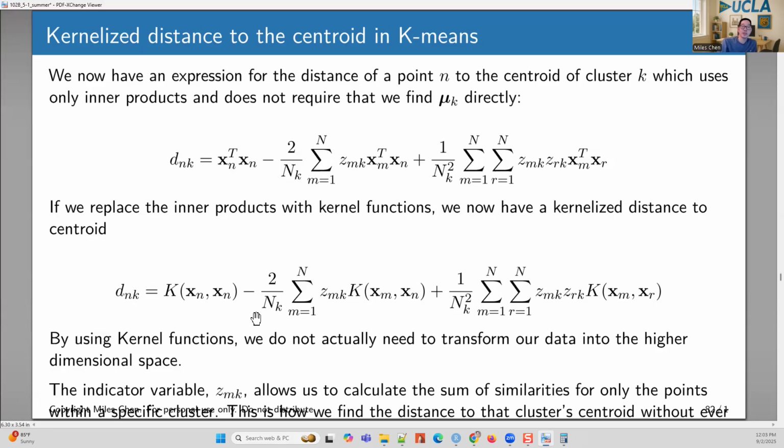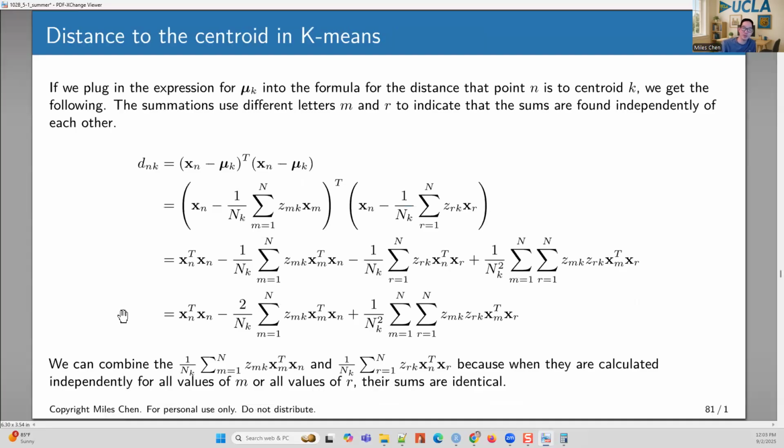Now, the crazy thing is that we are able to calculate the distance to the centroid without actually knowing where the centroid is. Okay. That's kind of the crazy thing. I mean, that falls out from this result here.